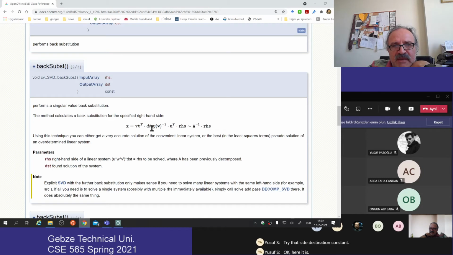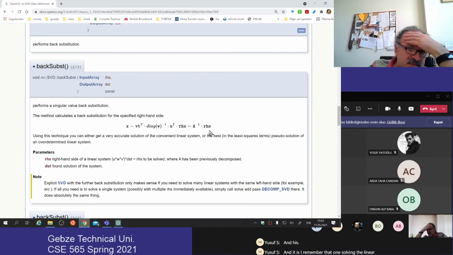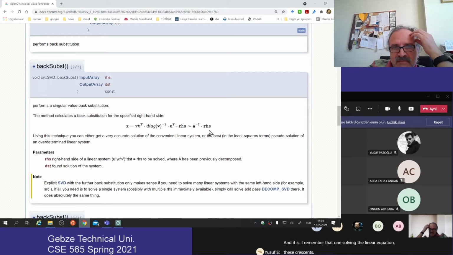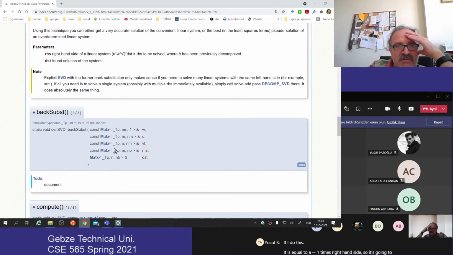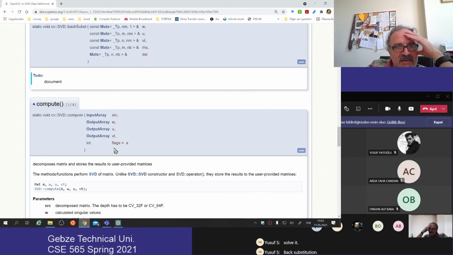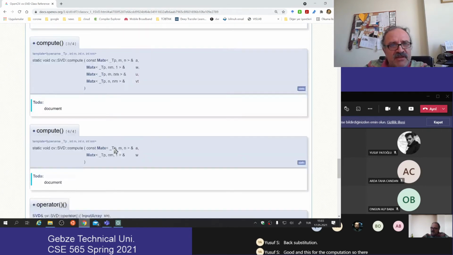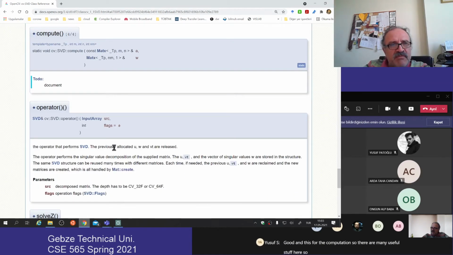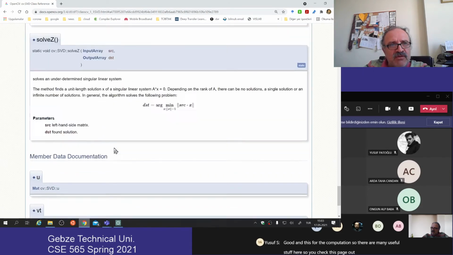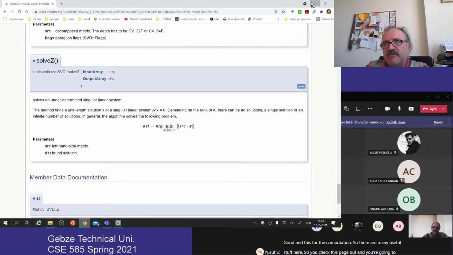X is this one times this one times this one. Remember that one, solving the linear equation in the least squares sense. If I do this, it is equal to A inverse times the right hand side, so it's going to solve it. Back substitution. Good. There are many useful things here, so check this page out and you're going to find useful information.